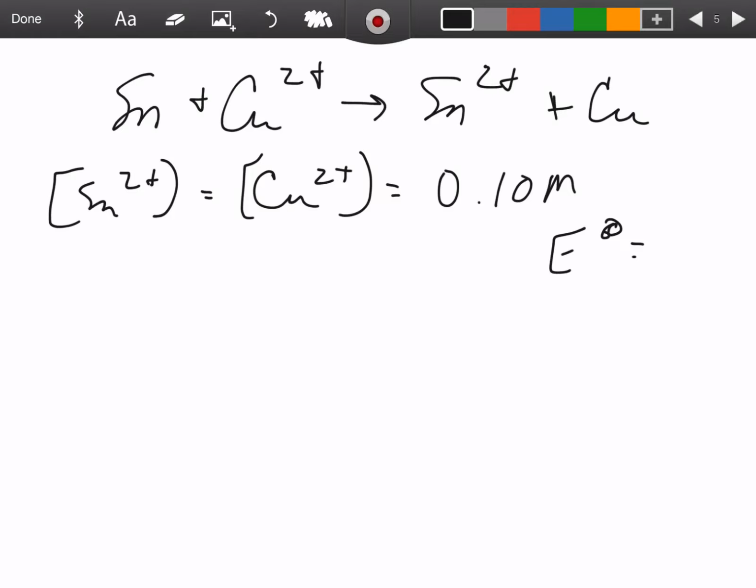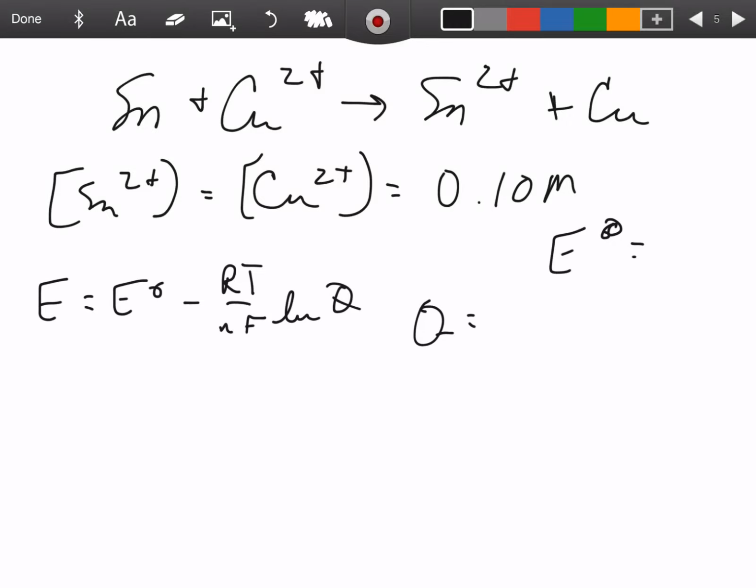But if we take a look at, again, the Nernst equation, E is equal to E0 minus RT over NF ln Q, right? So now when I take a look at Q, Q is equal to the products divided by the reactants.